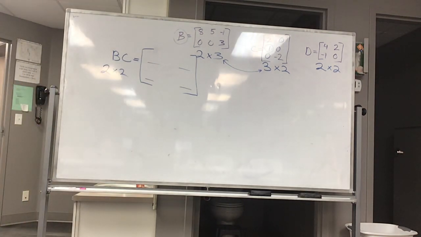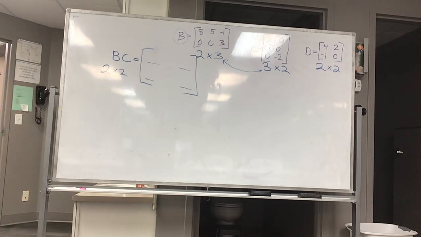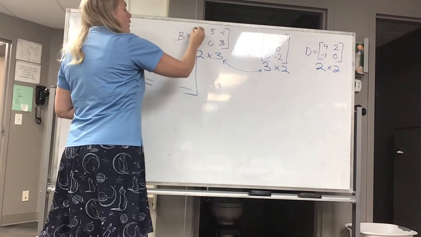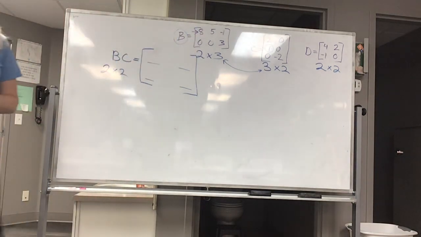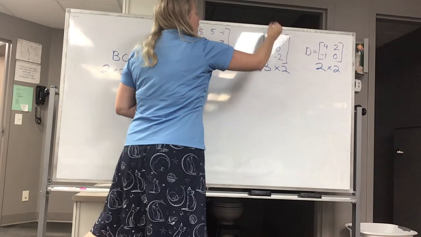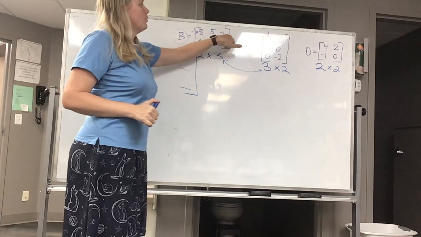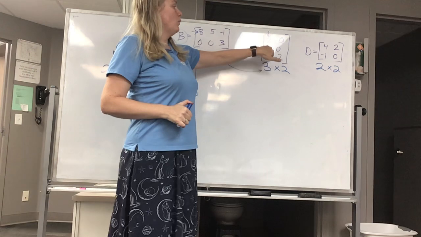We are going to get each piece using the rows and the columns. We're going to use the row of the first matrix and the column of the second matrix. And so that's why those inner dimensions have to be the same. We need 1, 2, 3 to match with 1, 2, 3.